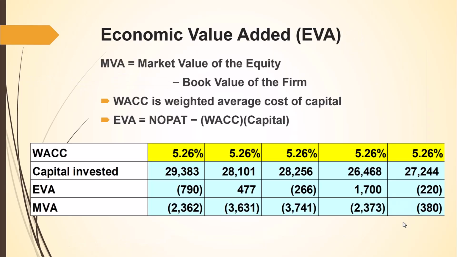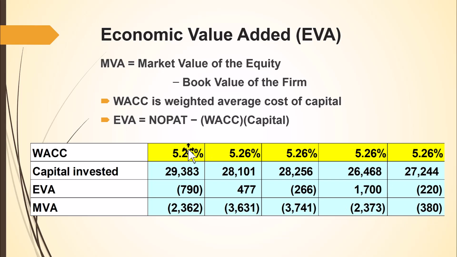Economic value added and market value added are additional performance measures, if you will. For market value added, you take the market value of the equity of the stock, that is the number of shares times the price, and you subtract from that the book value of the firm. So this is essentially the common equity of the firm, total assets minus total liabilities.